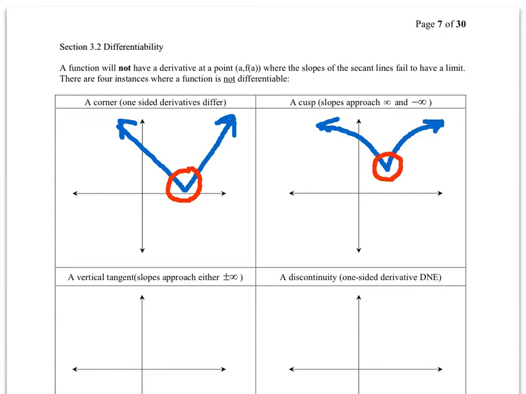From the left-hand side, the slopes are approaching negative infinity. This function is decreasing and it's becoming a steeper and steeper negative slope. But just to the right-hand side of that vertex, it's a very, very positive slope. So from the left and from the right, they fail to meet the same number.